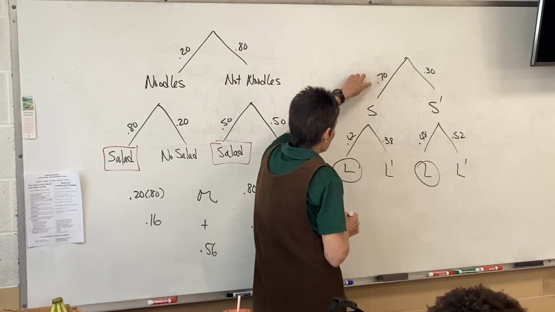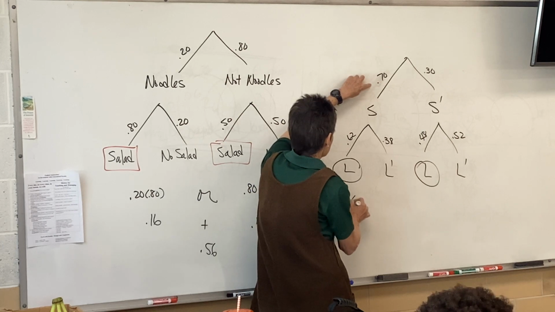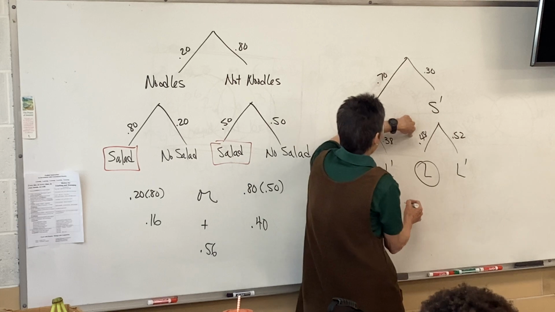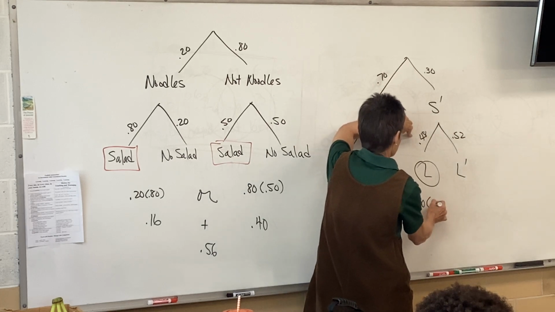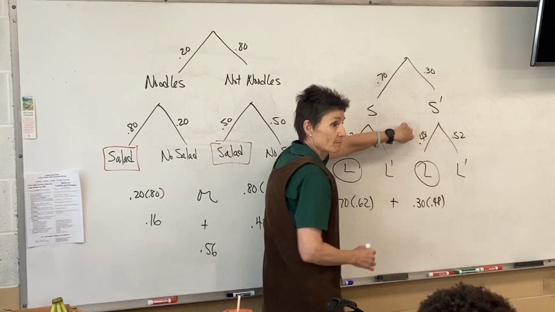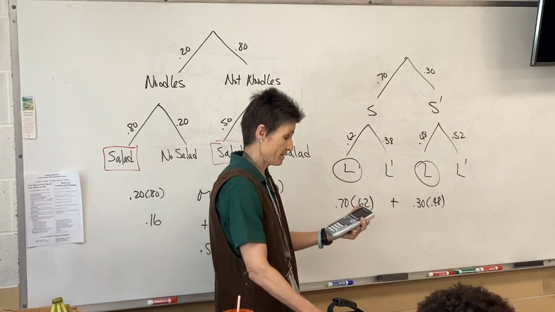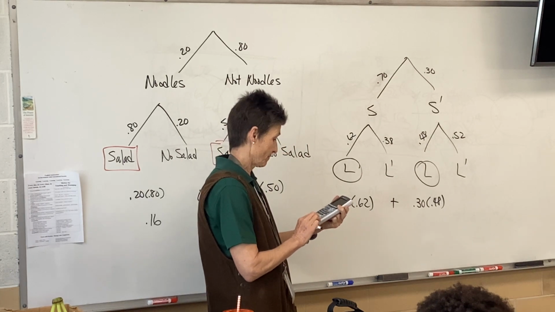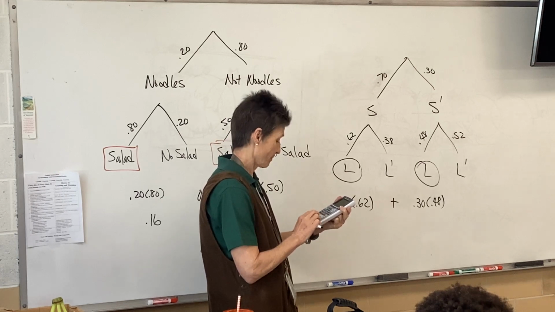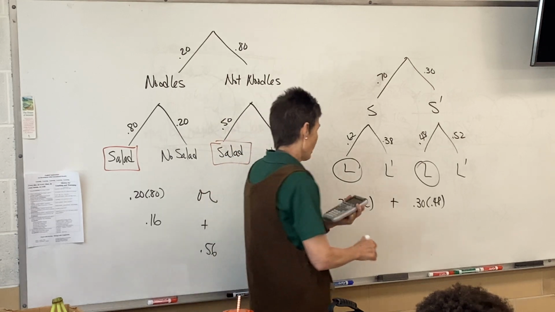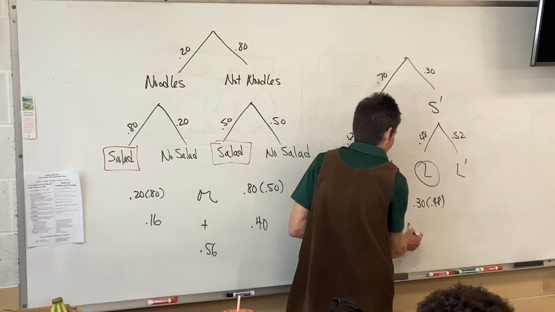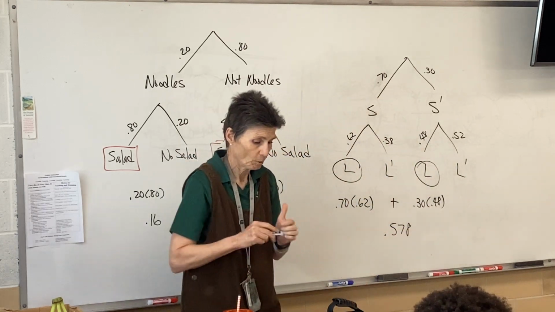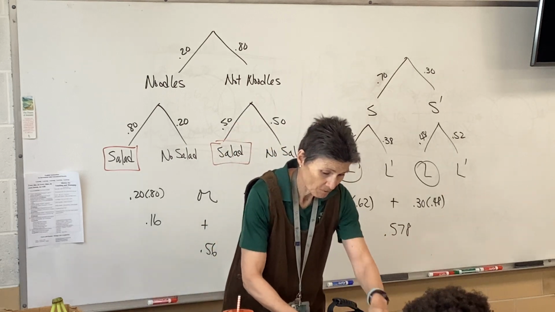So I need a calculator here, I need to multiply .70 times .62, or .30 times .48. Is that right? So what does all that equal? .578? Is that right? Perfect. All right, that's it for this little unit.